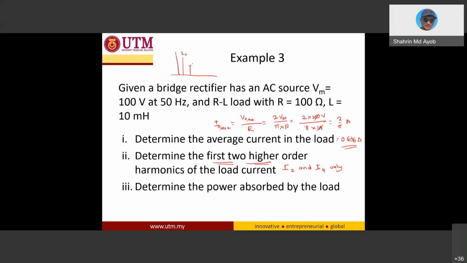Starting from I2, I4, I6, you only consider the first two higher order harmonics, which are I2 and I4. I6 is the third harmonic, so we don't consider it. What you need to do is calculate I2, which is V2 over Z2, and I4 is V4 over Z4.